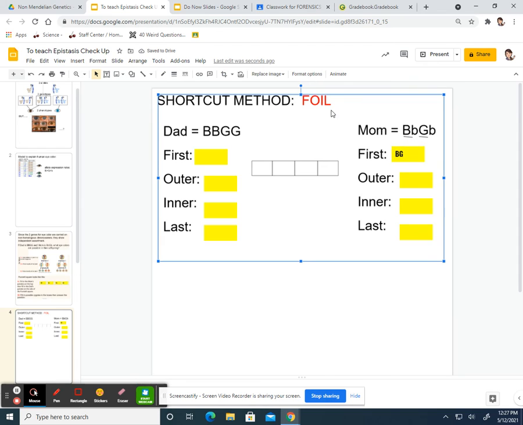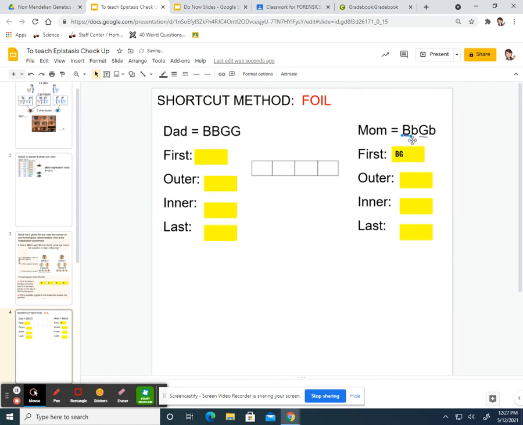And then our next letter, O, represents the outside. So the outside would refer to this big B, and then this little b. So that's our second combination, big B, little b. And then the I in FOIL is referring to the inside. So we're going to go with this little b on the inside and the big G on the inside.